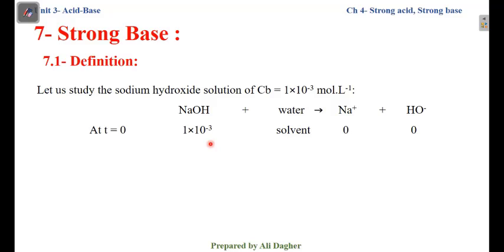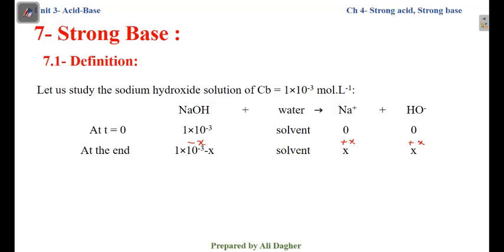During the variation, NaOH ionizes by amount X, and the Na plus and HO minus formed are each equal to X. Then at the end of the reaction, there remains non-ionized NaOH 1 × 10 negative 3 minus X, and the formed Na plus and HO minus equal X.